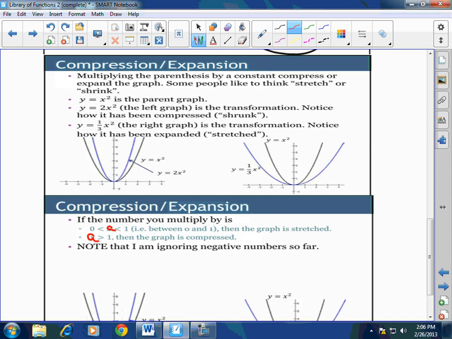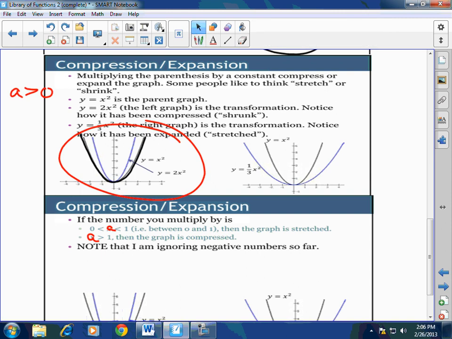Basically what's happening here, guys, when A is greater than 1, that's this example here, the original one is in black, and y = 2x² is in blue. Just like we said last time, you're talking about a vertical stretch. You're vertically stretching it, so it's becoming thinner.